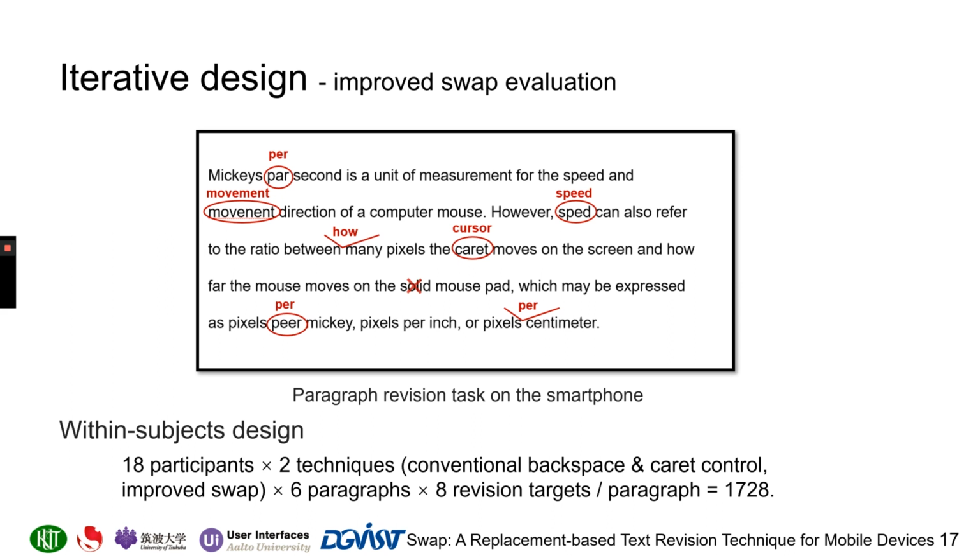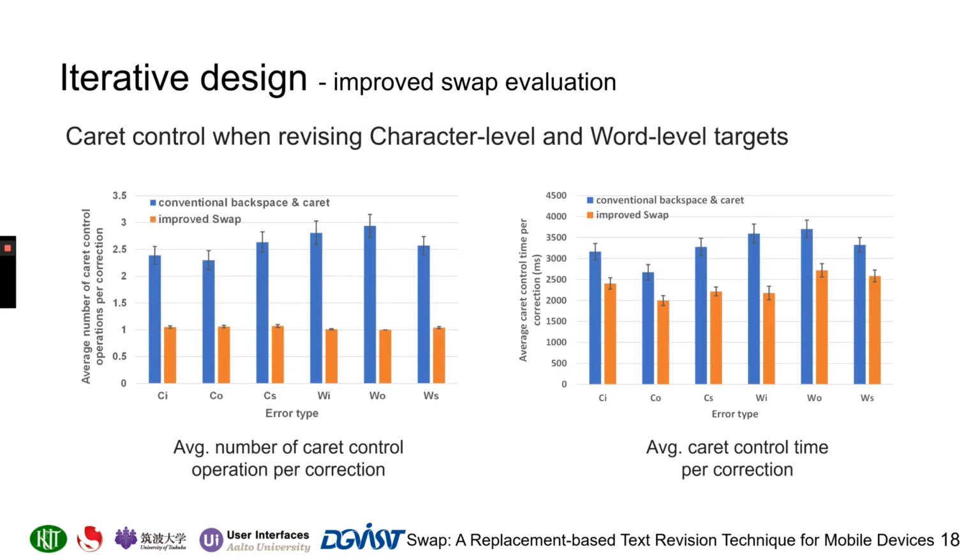We designed a within-subject paragraph revision task to compare users' text revision performance with the conventional backspace and cursor control. We asked users to revise 6 paragraphs as fast as possible with each technique. We put 8 revision targets in each paragraph. We include both character-level and word-level targets for insertion, omission, and substitution at each level.